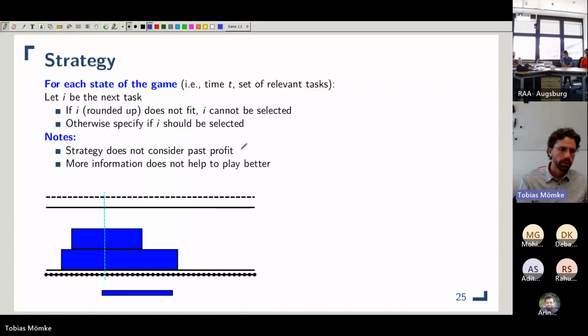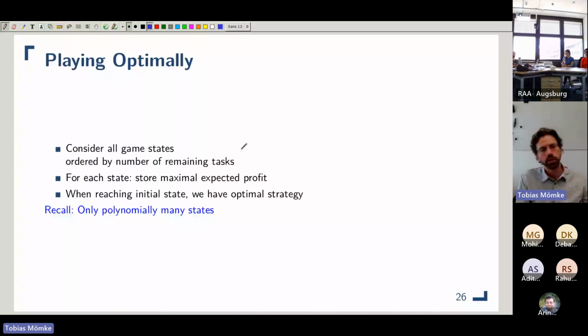And to play this optimally, we consider all game states, but we order them by the number of remaining tasks. Think of it as playing the DP right to left. That is, we take the last edge and look at what tasks are there, and then we look at how we get there piece by piece. If there's only one task in the game, then we can compute the expected profit trivially.